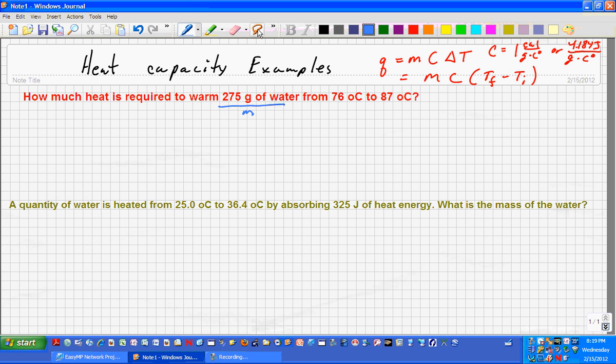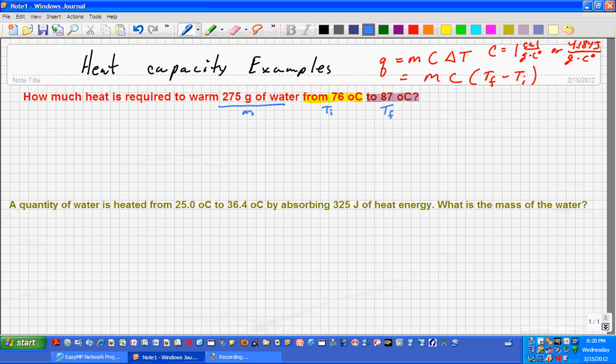Going from 76 degrees Celsius, that's going to be my initial temperature, from being the key word that tells us it's the initial. So that's T initial, to 87 degrees Celsius. So that's going to be our final temperature, T final.